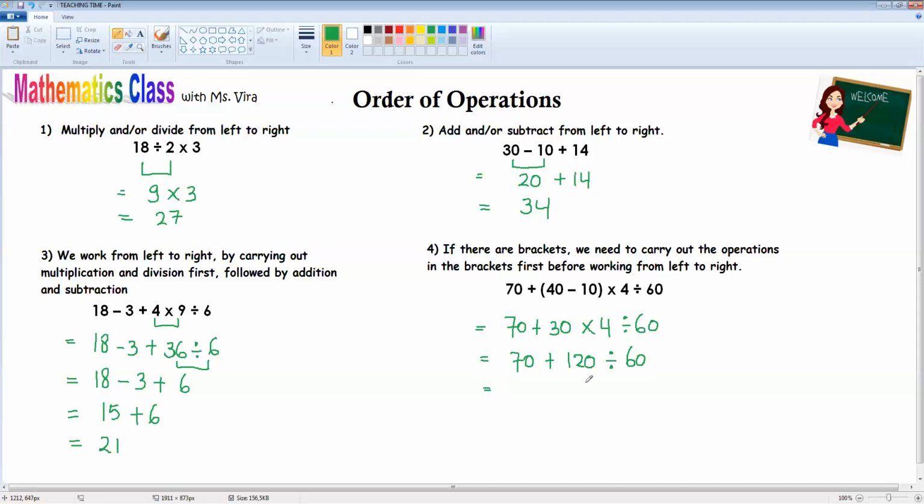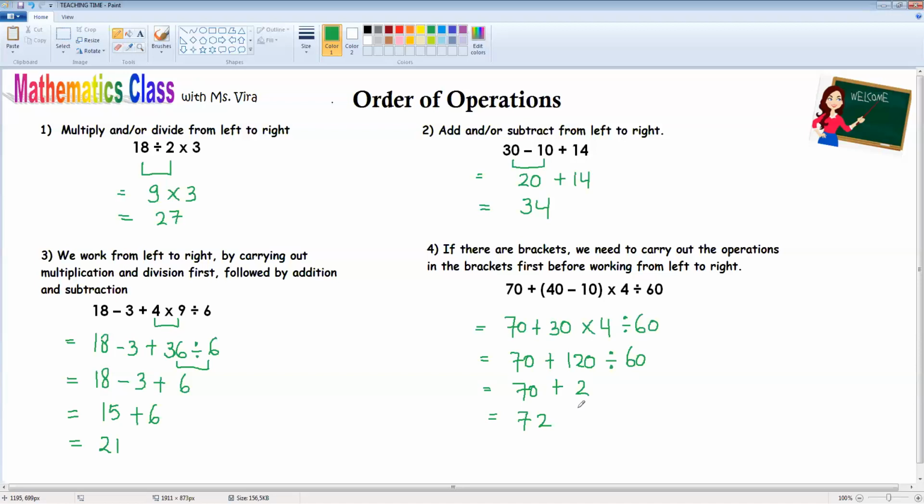And again, in here you can see it's add and divide. We have to work the division first. So 70 plus 120 divided by 60 is 2. So the answer will be 72.